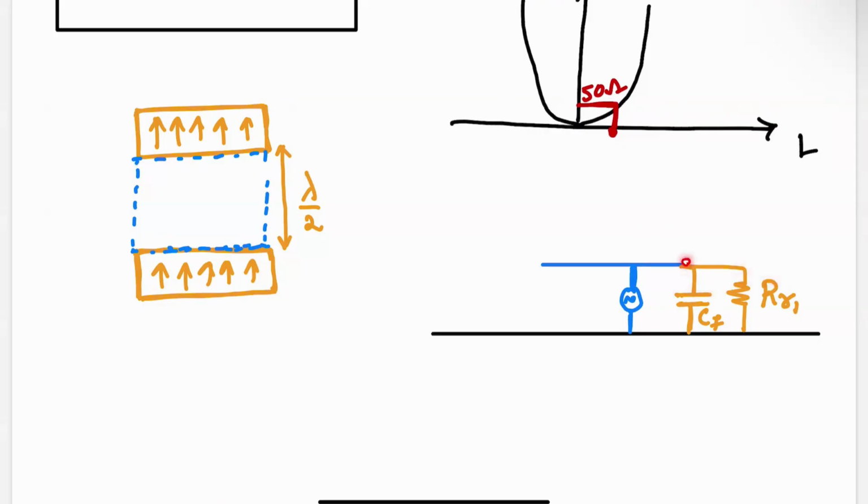And that you can model as a resistor. So the same thing on the left, another RR1. We have a fringe capacitance, and I can model this section as a transmission line, and this section is another transmission line.